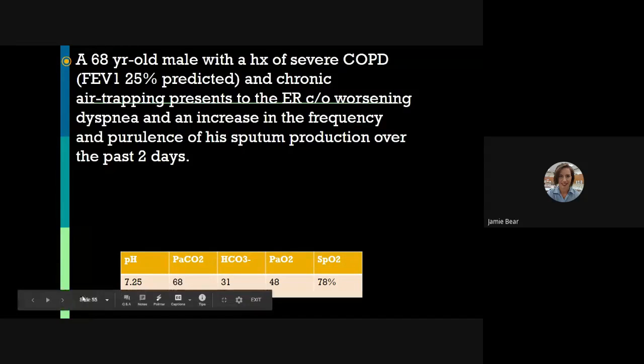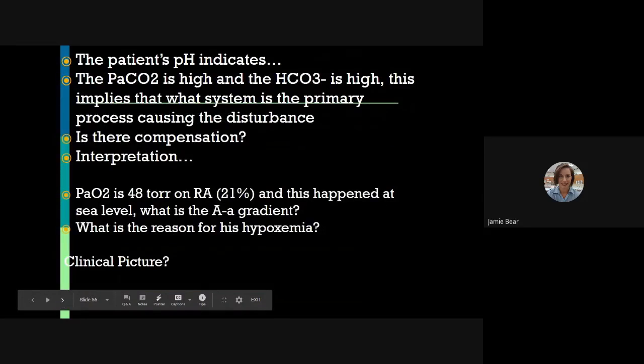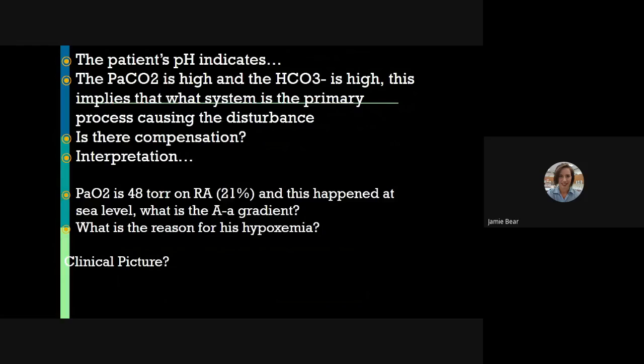If he is at sea level, then we can say 760 minus the water vapor pressure of 47. And since he's on room air, we multiply that by 21%, or times 0.21, and we get 149.